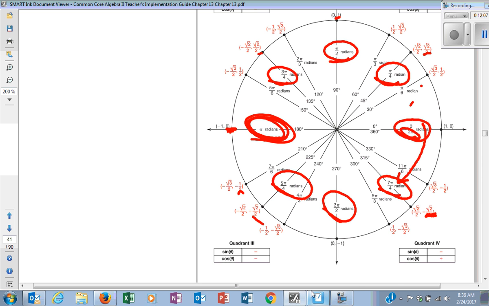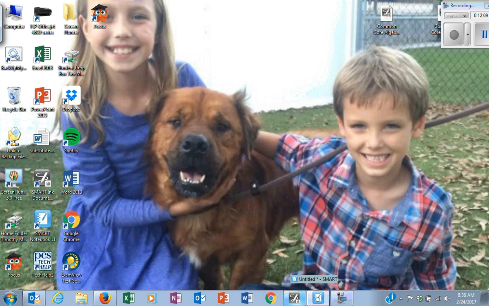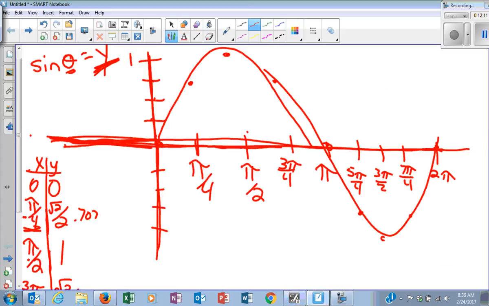Well, let's look and see if that makes sense for my graph. Where's this thing supposed to be looking like it's going down to? Down to negative, doesn't it? So it makes sense that it works out. So this graph keeps going this way and it keeps going that way. And that's why we talked about when you have negative degrees, you're actually going this way on the unit circle. Does that make sense? How are we doing?